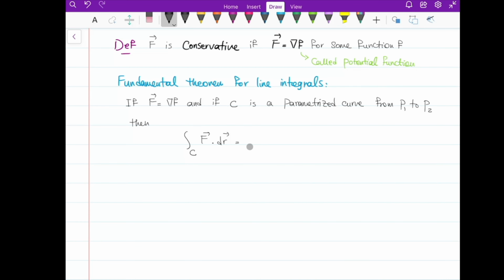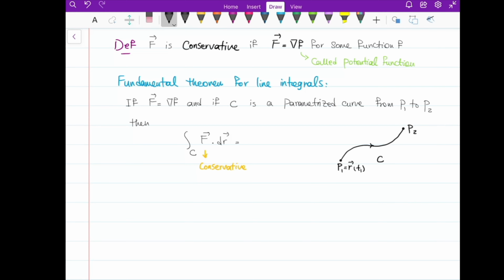We have a conservative vector field f, and then we have a curve C that is from P1, which is basically r of t1, and then it goes to the point P2.